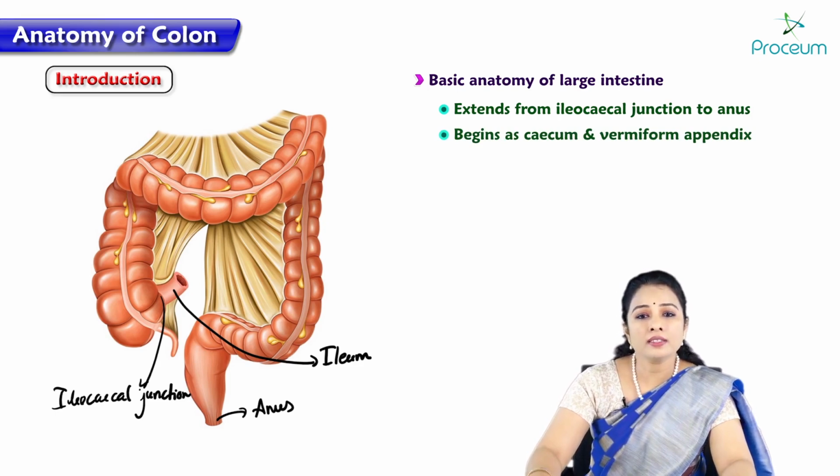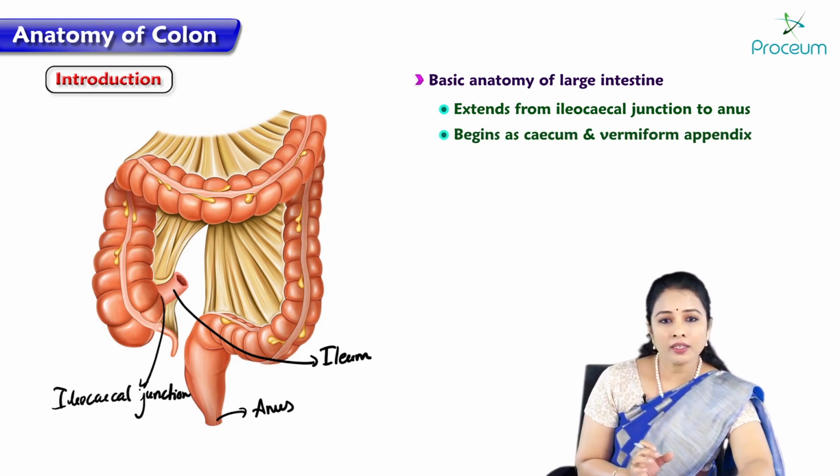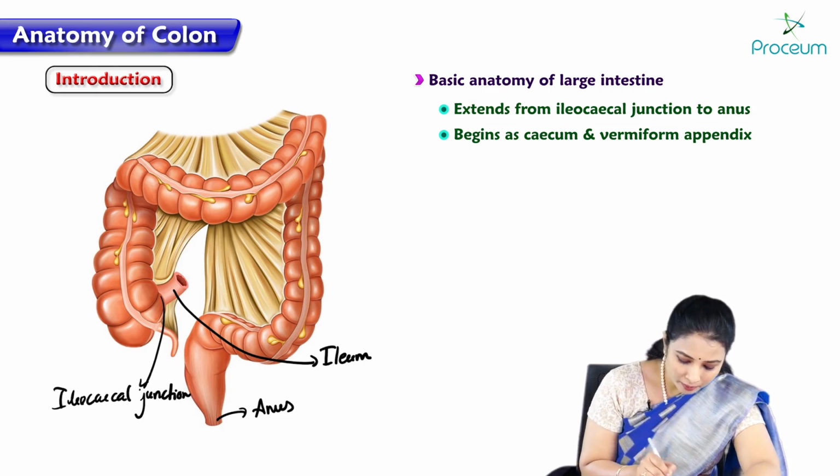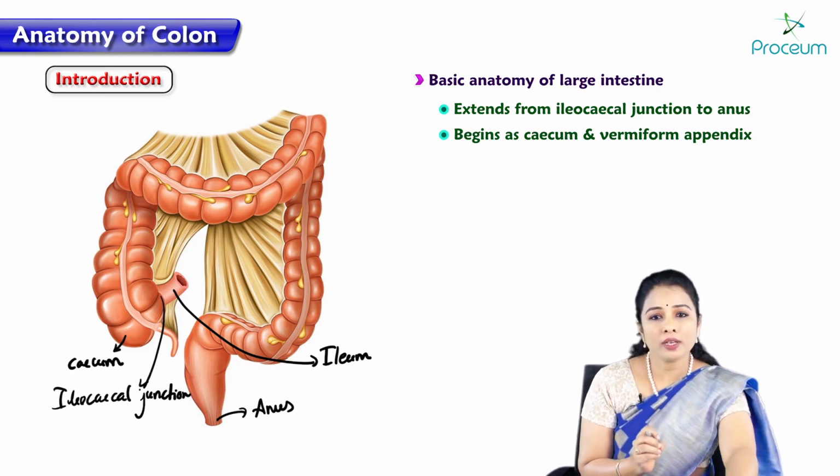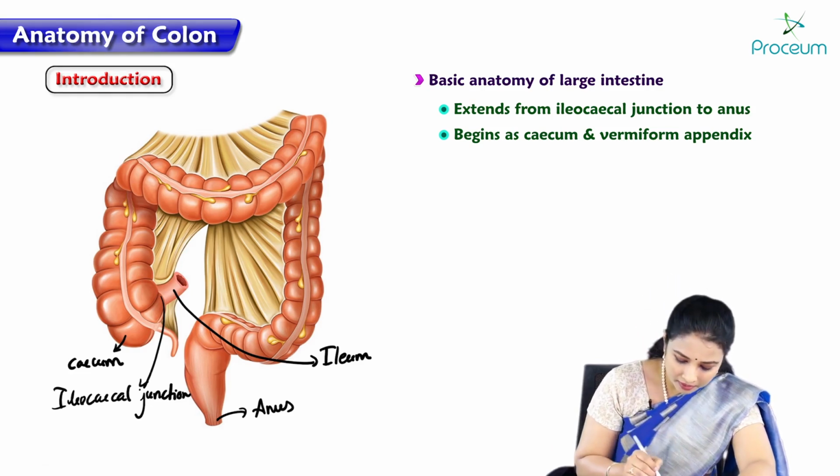It begins as the cecum and vermiform appendix. The dilated part is called the cecum, which is a blind pouch, and the thin worm-like structure is the vermiform appendix.